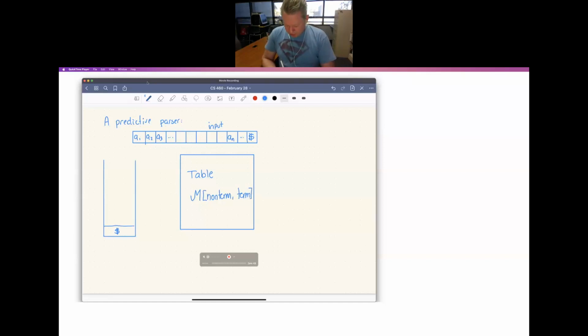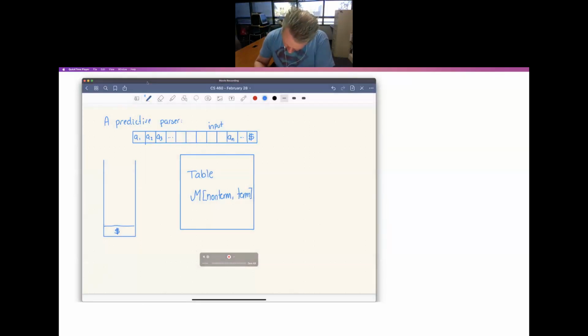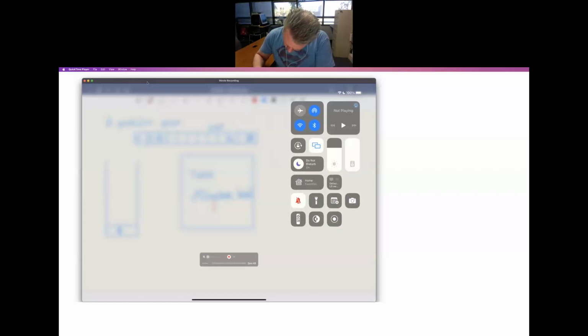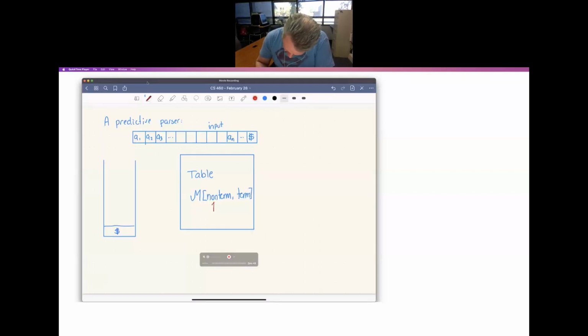So it's looked up based on a non-terminal and a terminal, where the non-terminal comes from the top of the stack.